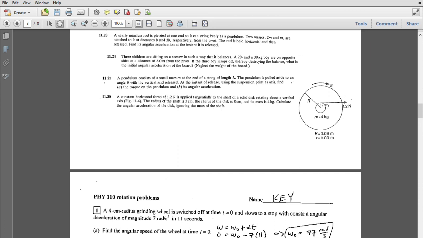And here for I, we're going to use the moment of inertia of a uniform disk. Oh gosh, what is that? I think it's 1/2 m r squared. So 1/2 times 4 kilograms times 0.08 squared, and that's the moment of inertia. Then set net torque equal to I times alpha, and solve for alpha.